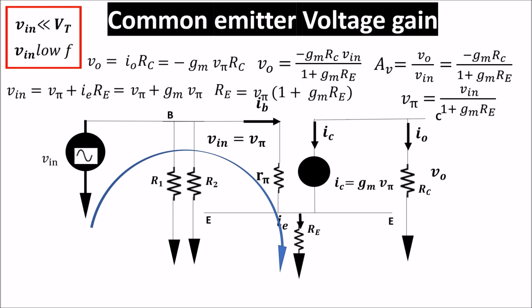If Gm Re is much more than 1, the voltage gain is equal to minus Rc divided by Re. This voltage gain is stable but usually is not high because for biasing issues it's difficult to set Rc much bigger than Re, I mean hundreds times bigger.